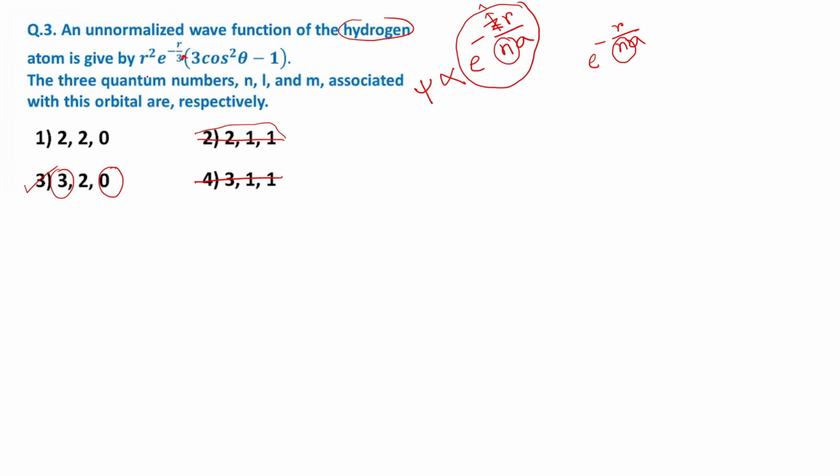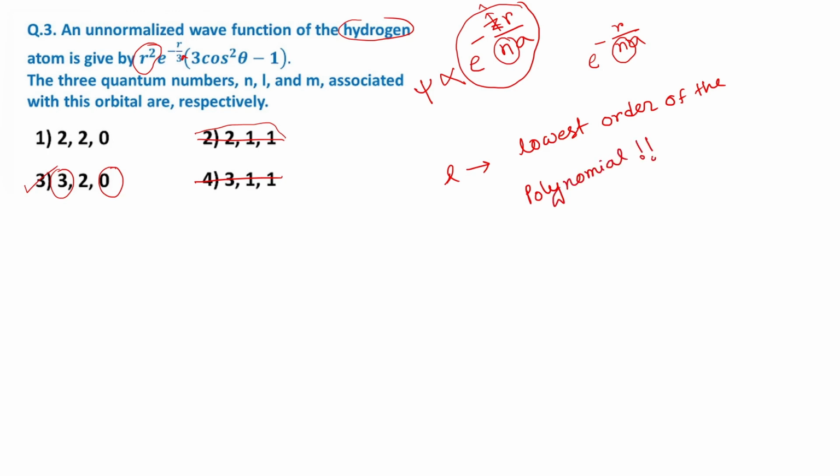And the remaining value, l, can be obtained from this r square. How can you get that? You understand that n you are getting from here, m you are getting from the phi dependent part, and l you can get from the lowest order of the polynomial.